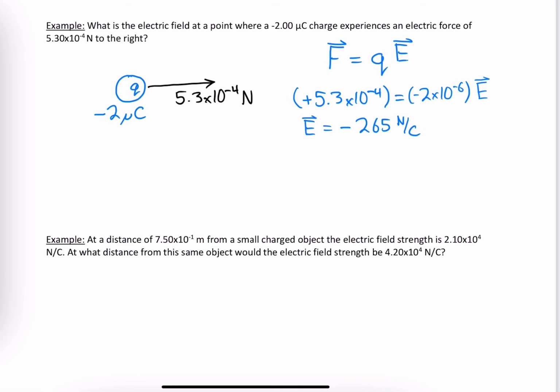So because my force was going to the right, it was a positive number, it makes sense that I ended up getting a negative number for the electric field. And that kind of jumps out from this formula up here. So a better way to write this would be 265 newtons per coulomb left.